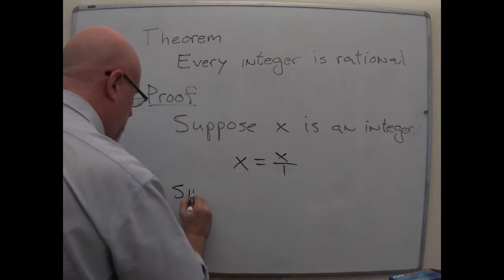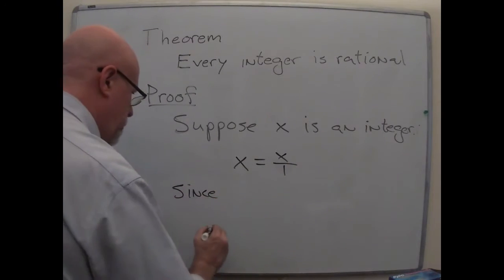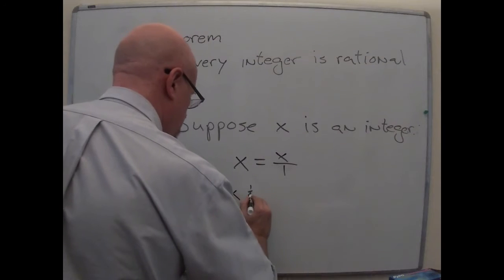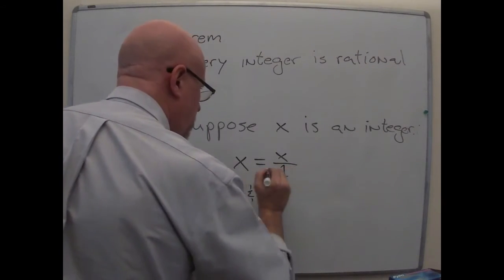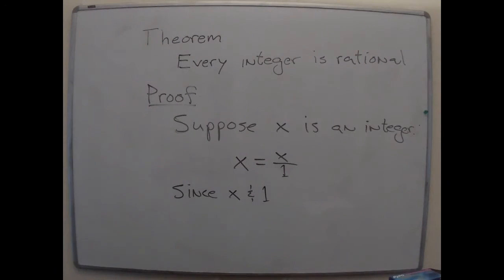And then you say something like, since x and 1 are integers, we should probably put the serifs on that 1 so it looks like it's not an L or something.